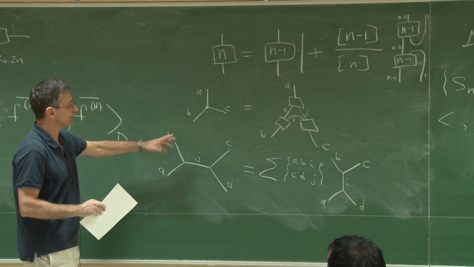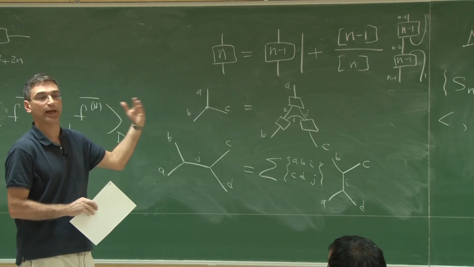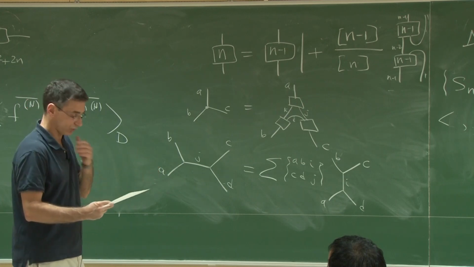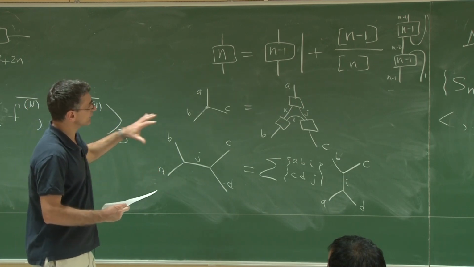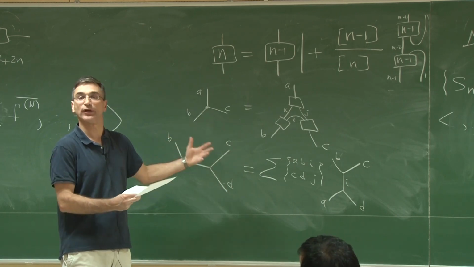These are called fusion formulas. And this is in this book by Kauffman and Lins, where a bunch of them are explained and defined. But this is, in practice, how to compute color Jones polynomials from this point of view.